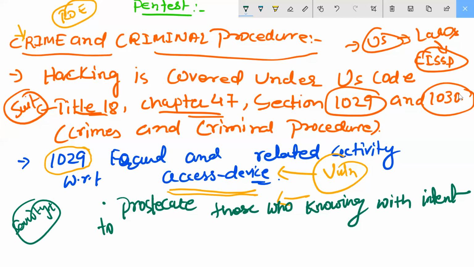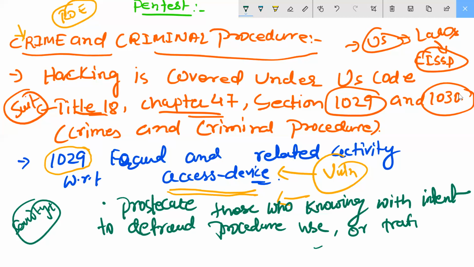So prosecute those who knowingly, with the intent to defraud, produce, use, or traffic in one or more counterfeit access devices.